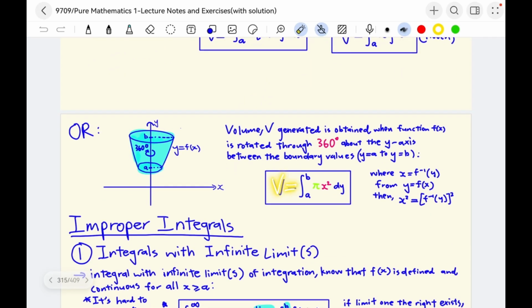V is equal to the integral of pi times x squared, where x is a function of y, because we take the inverse from y equals f(x) to x equals f(y). Then you square it.